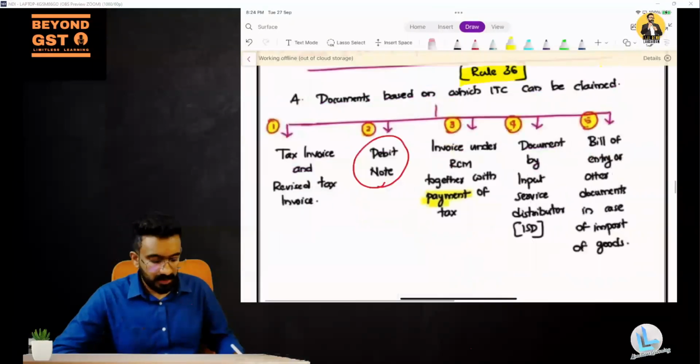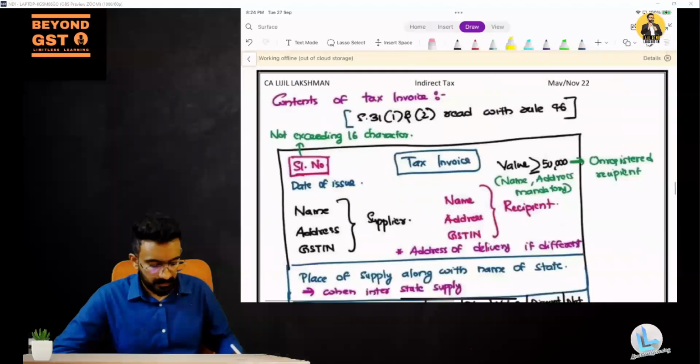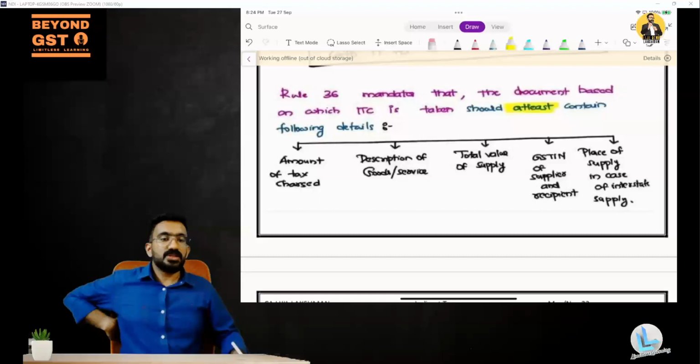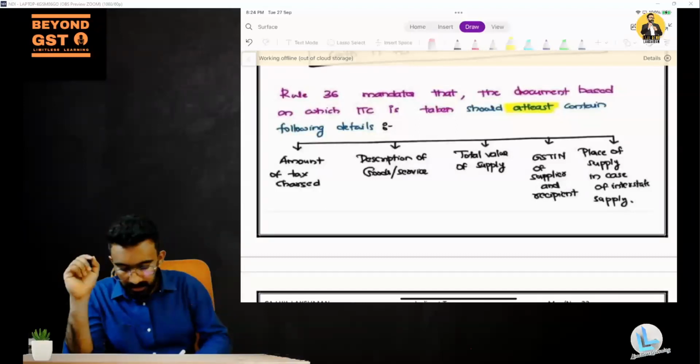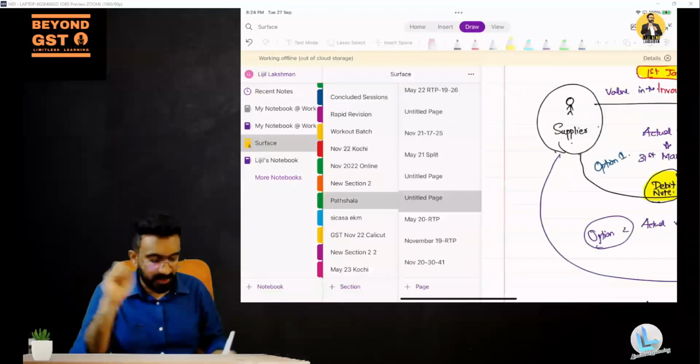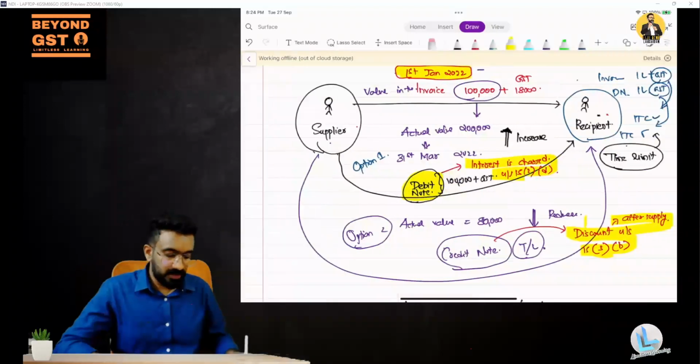So this is a very important area: what are the information that should be there in an invoice. A very important change that has happened over the past few years is, is there any format for invoice?